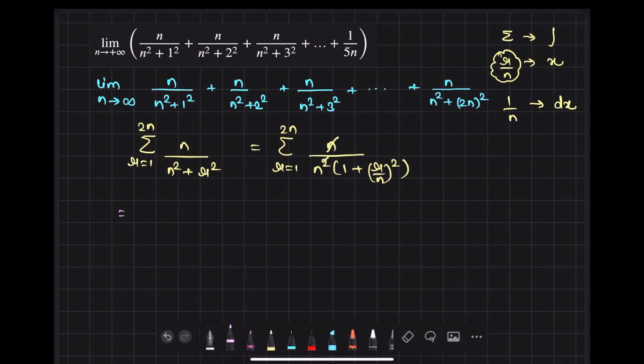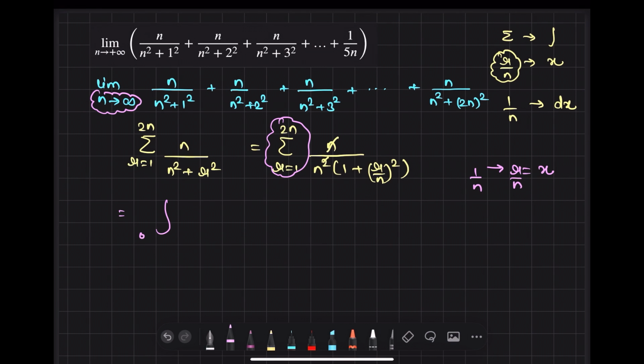You have to replace your summation with the integration sign, and replace r by n as x. So if r is 1, you are left with 1 by n. Now you know that n is approaching infinity, so 1 by n will approach 0.